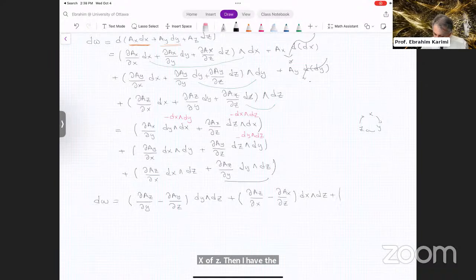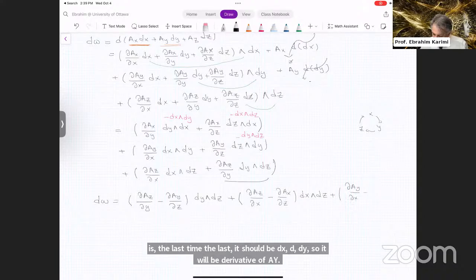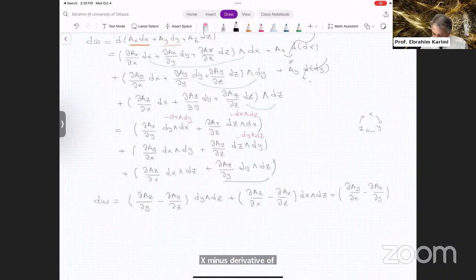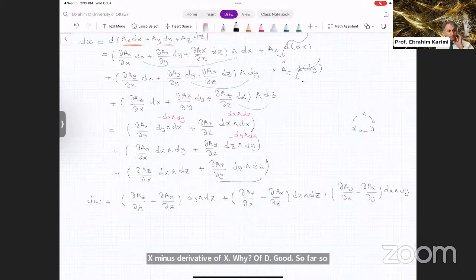And finally, the last term: the derivative of Ay with respect to x minus the derivative of Ax with respect to y, dx wedge dy. Good. So far, so good. Right, guys?